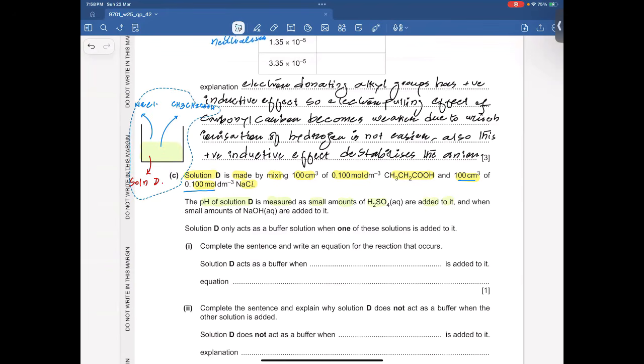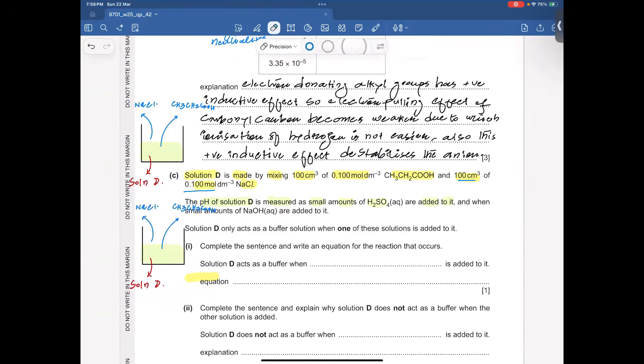Let me write this down again. See, guys, when we add H2SO4 to it, there will be no reaction. Because propanoic acid is an acid, it cannot react with sulfuric acid, which is also an acid.